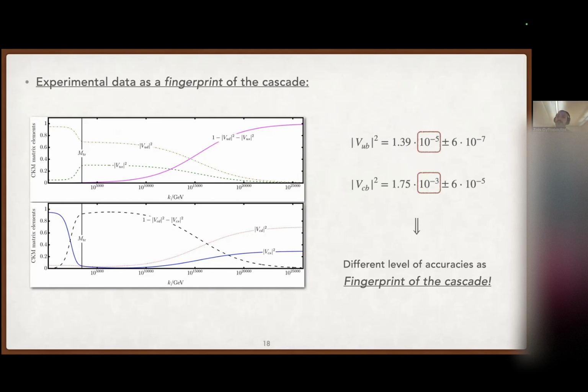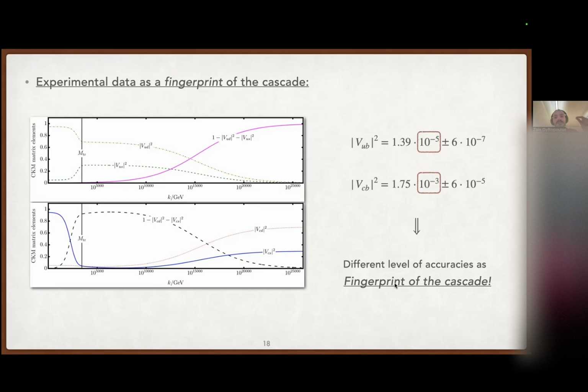And because the errors are very, very small, we are actually sure experimentally that VUB is way smaller than VCB. This relative accuracy of the CKM elements is actually explained by our top-bottom cascade. And we interpret this as a fingerprint that is encoded in the experimental data. So this is one of our main results.